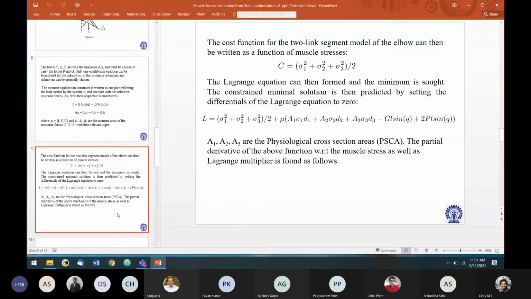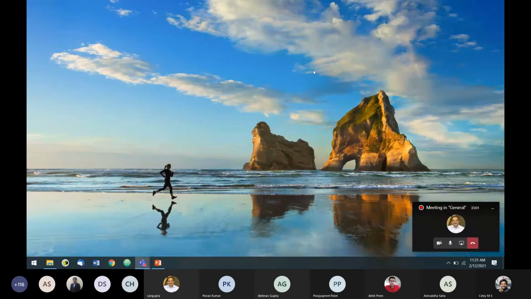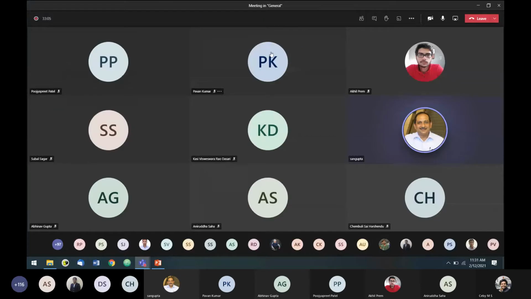The thing is that the muscles are soft tissue. Can everybody hear? Yes, sir. The muscles are soft tissue. They can stretch much more than the bone. Bone is more rigid, but muscle, soft tissue, ligaments stretch more than any solid.